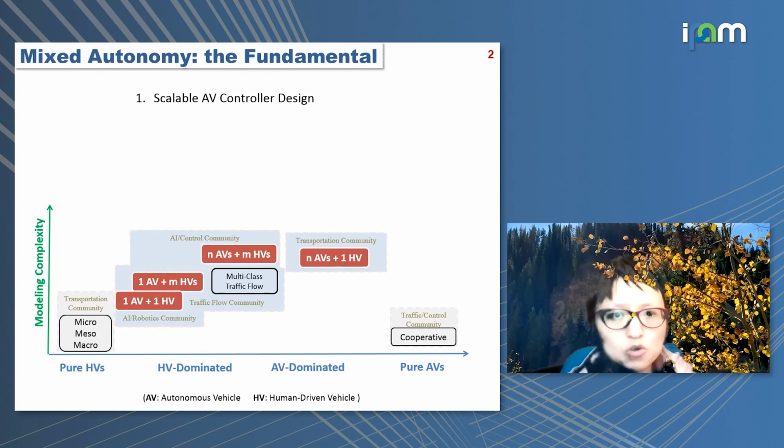I think in mixed traffic, we need to understand multiple questions. The first is, how do we develop a scalable AV controller? This will also be the main focus of my talk. The second is how humans may gradually adapt their behavior to the increasing number of AVs.